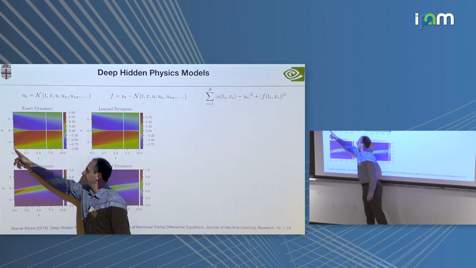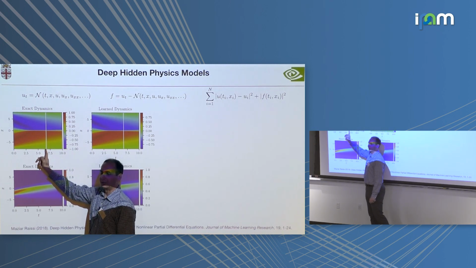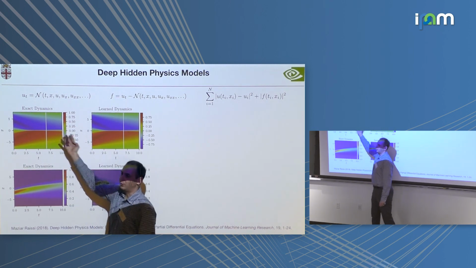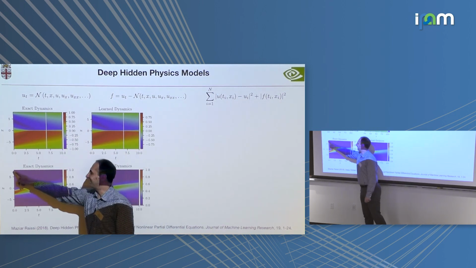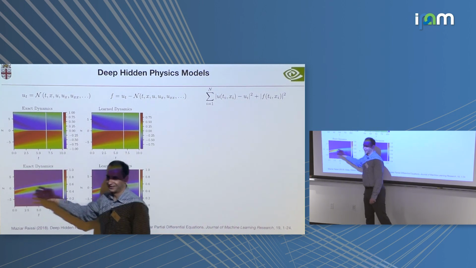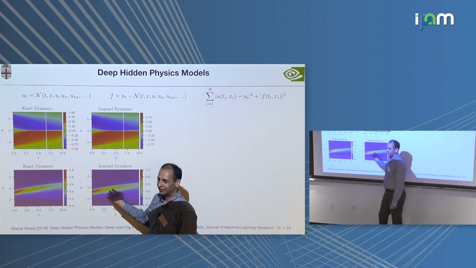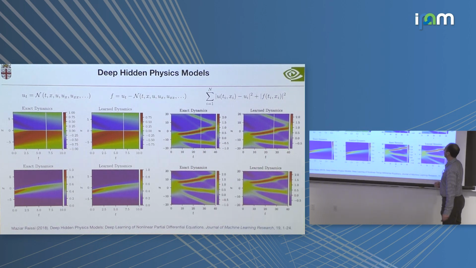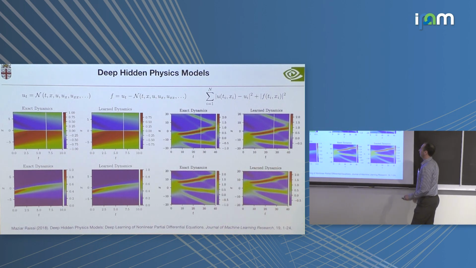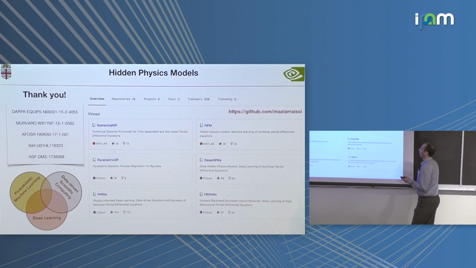Basically, you are collecting data from here to here. You learn the dynamics, you extrapolate. Something cool. You can change your initial condition and let it solve it. That's KdV equation. And thank you.